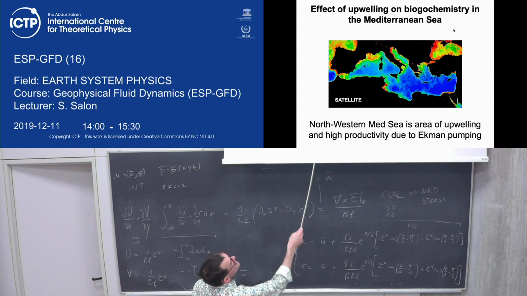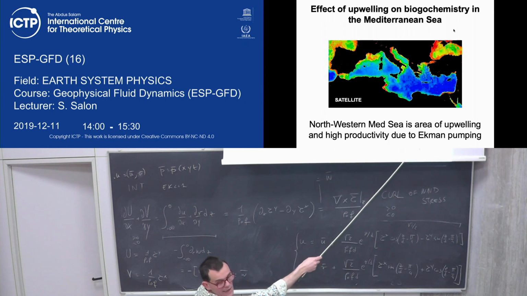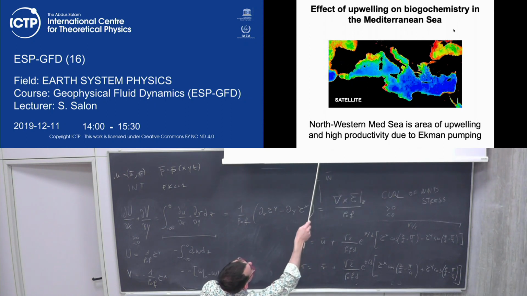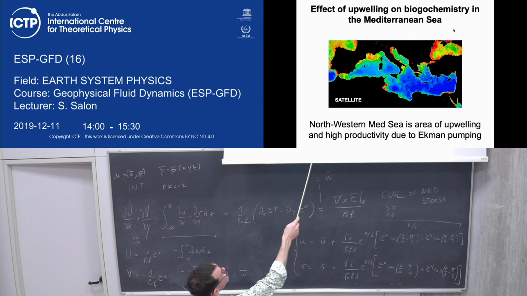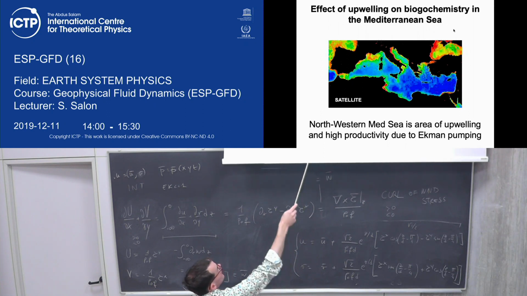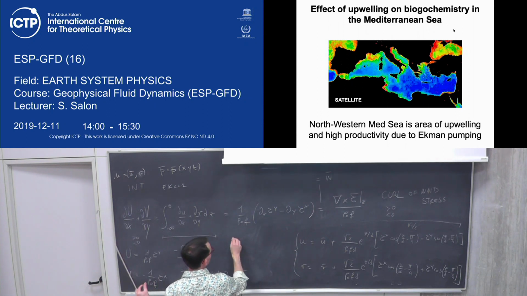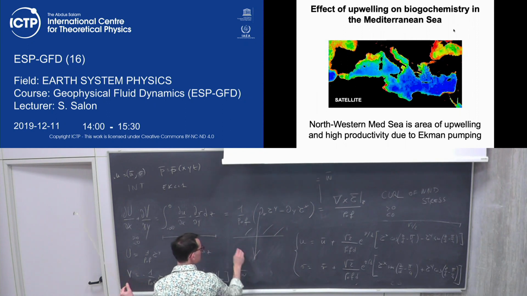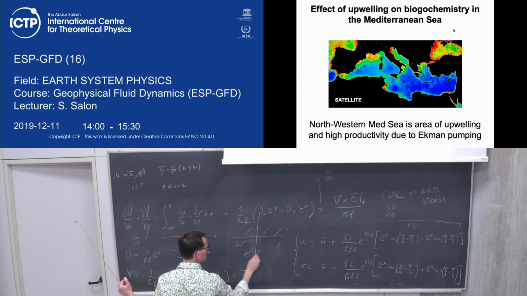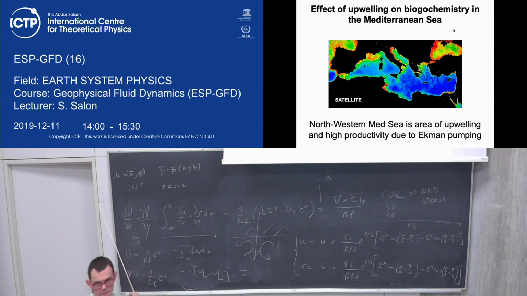But here, it's true that we have a big river, but this production here is due to upwelling, because here we have a very strong production related to the Ekman pumping, because here we have a very strong wind which comes from the north and creates, like this is the land, this is the wind, and here, since the wind is smaller, we have things like this, okay?